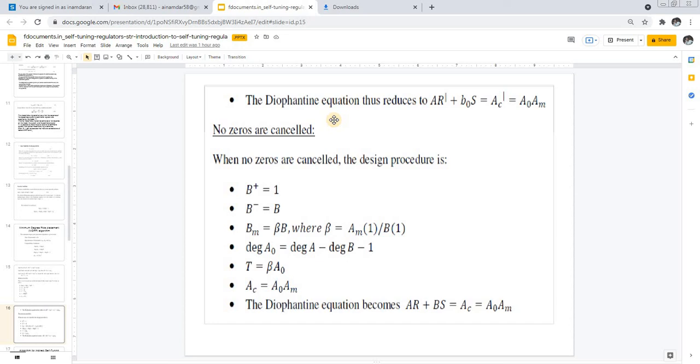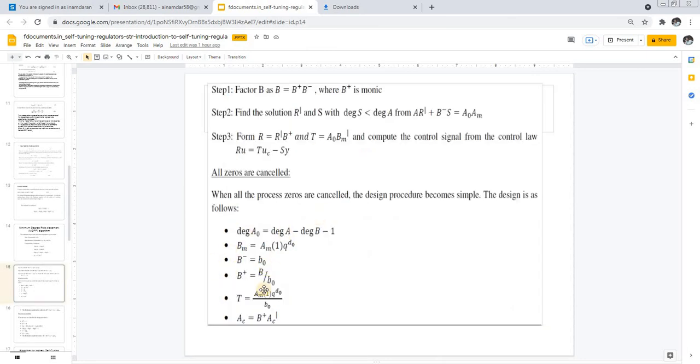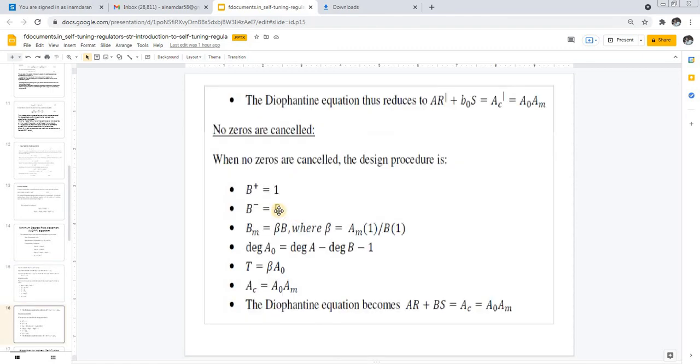In the first case all zeros were cancelled; in the second case no zeros are cancelled. When no zeros are cancelled, the design procedure is different from that one, which was for the condition when all zeros are cancelled. For when no zeros are cancelled, the design procedure is as follows.